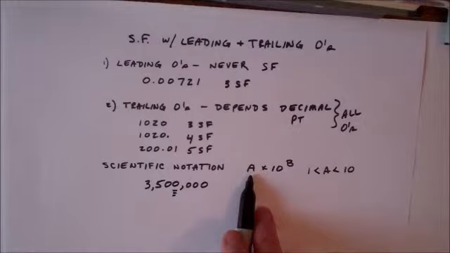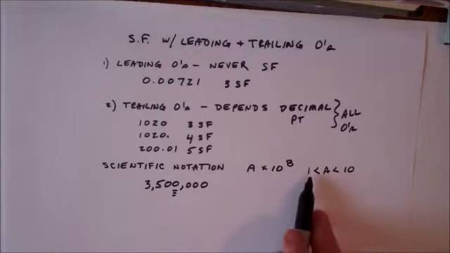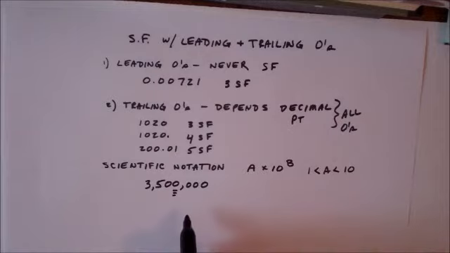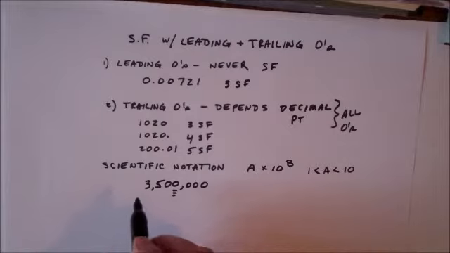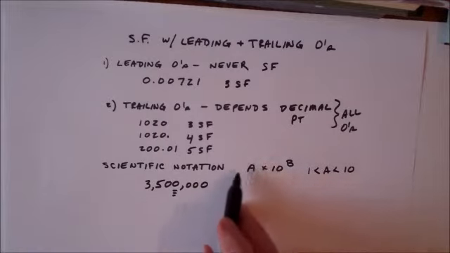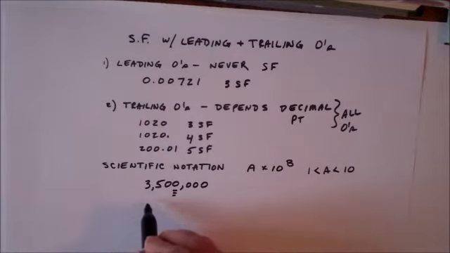A is the coefficient or the digits, and typically a will be written such that it's between 1 and 10. In the case of scientific notation, all the digits represented in the coefficient are significant.